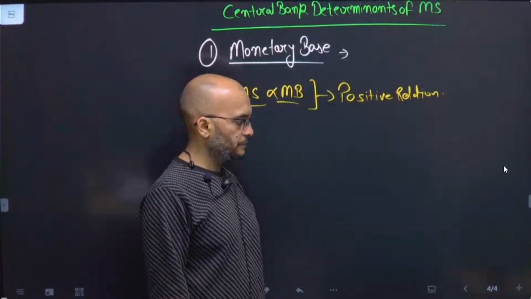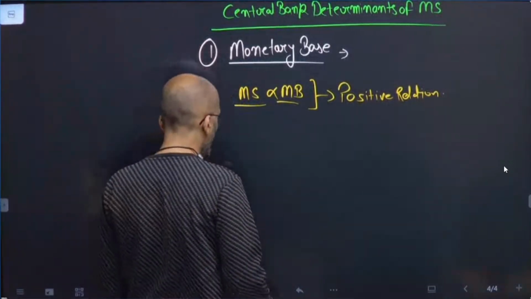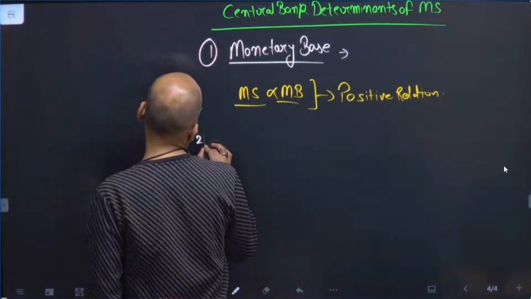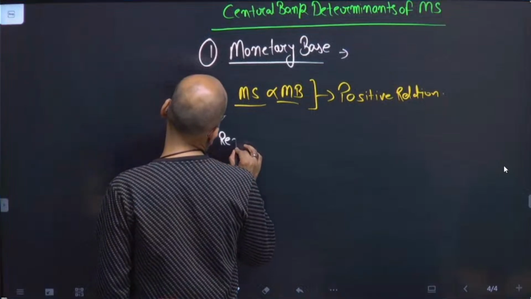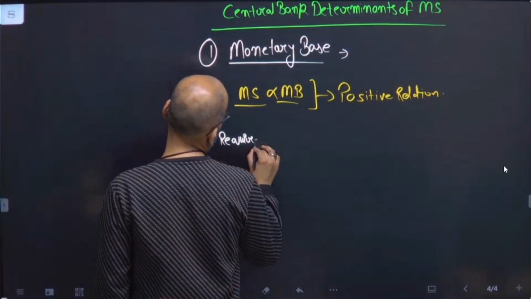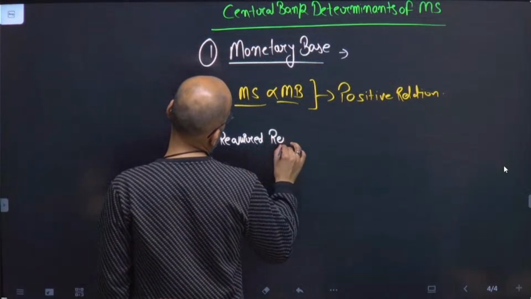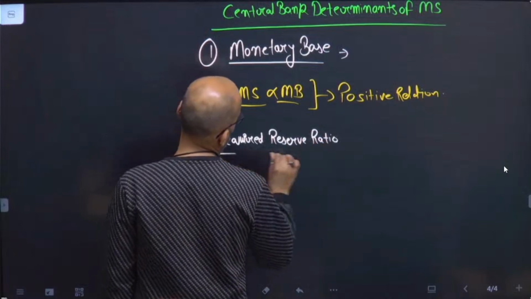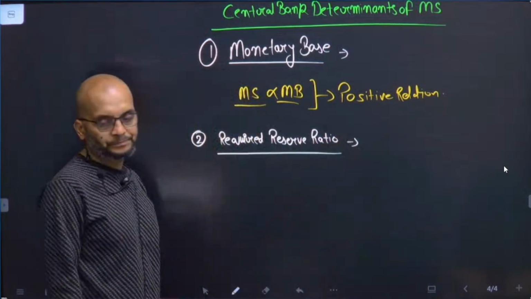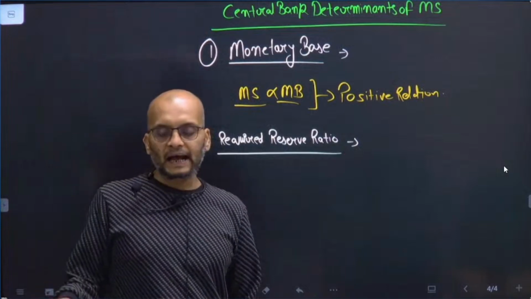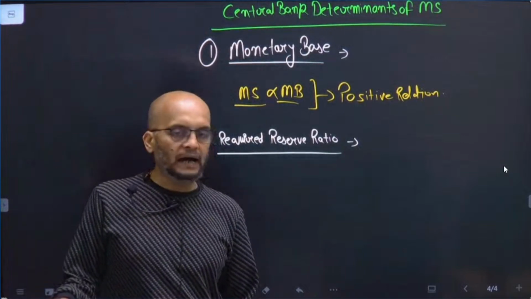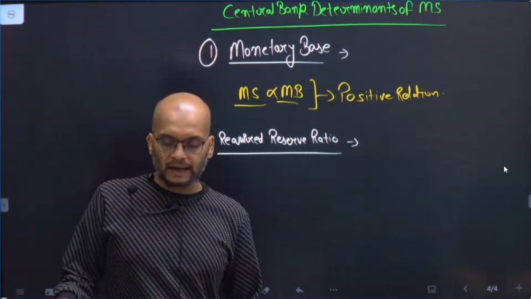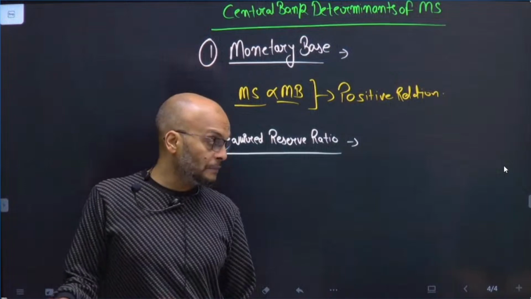Okay, next is RR, required reserve ratio. So write down in it, RBI can change the money supply and money multiplier.